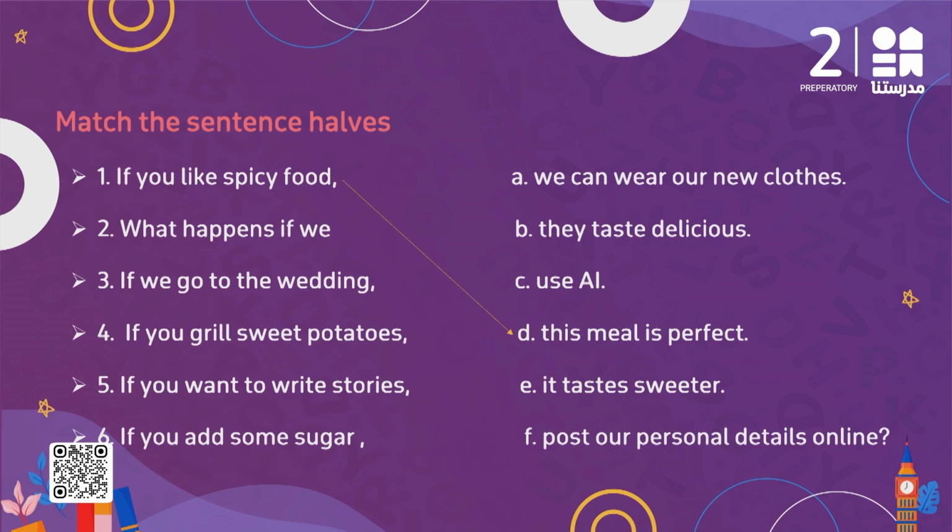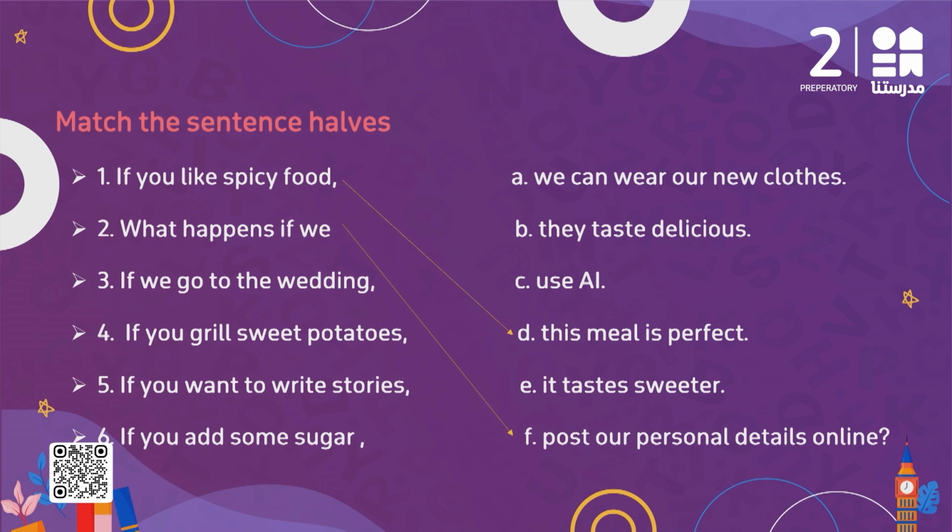You're going to love it. What happens if we post our personal details online? Which one here has a question mark? It's the last one. We have here a question word, which is what. So what happens if we post our personal details online?